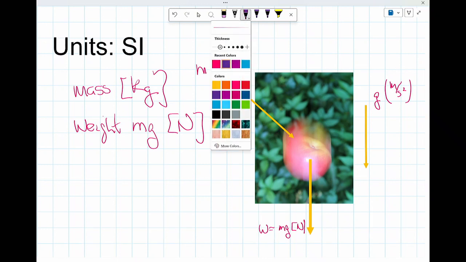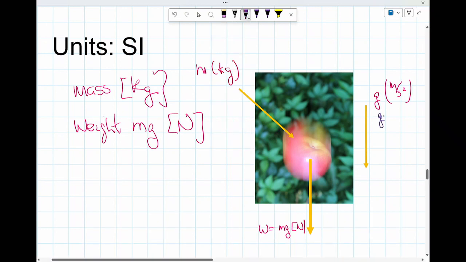Now, of course, I can switch this to English units, and if I do, I have to be more careful with the units I'm using. Because if I make a mistake, I won't catch it if I don't write those units down. So mass is equal to weight divided by g, which is in units of slug, and weight is in pounds.